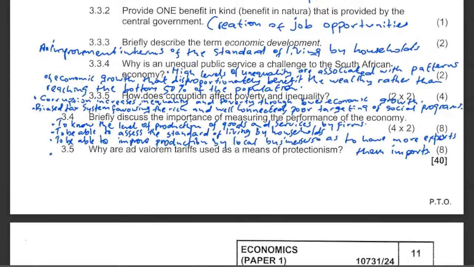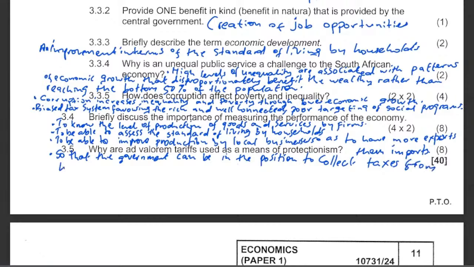Because of 8 marks, the last point says, so that the government can be in the position to collect taxes from households and firms.